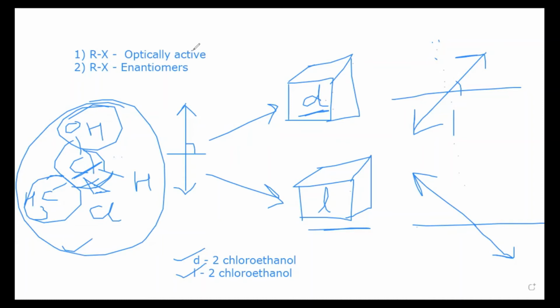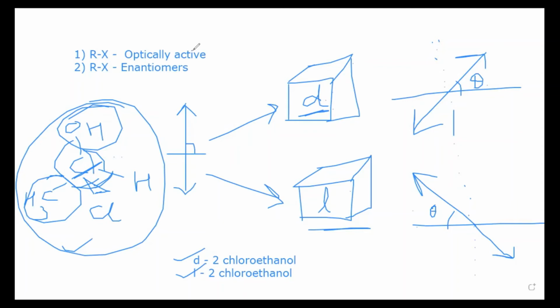And let me clarify that the angles they make with respect to the x-axis will be exactly the same. If this is 30 degrees, this has to be 30 degrees. If this is 40 degrees, this has to be 40 degrees. That's my point. The only difference is that when D is rotating by theta angle towards the right, L will be rotating by theta angle towards the left.